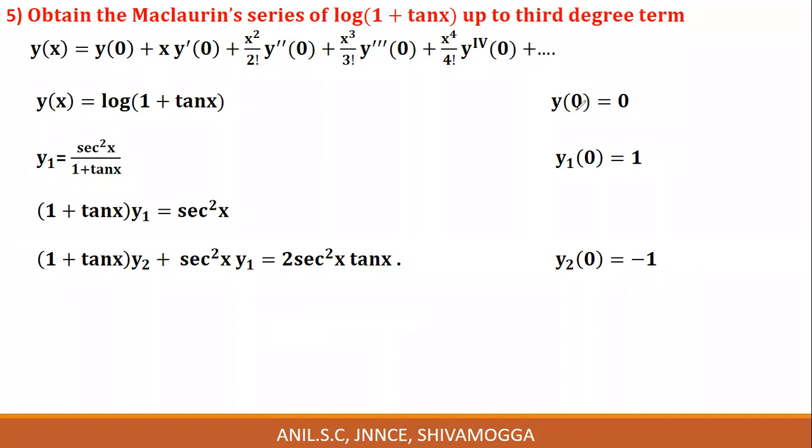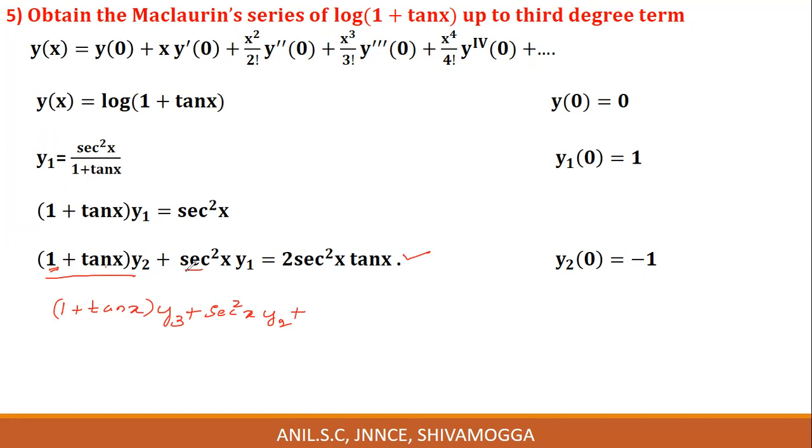Now we have to find the third derivative. To find the third derivative, we differentiate this expression again with respect to x. First, we differentiate this term. 1 plus tan x into the derivative of y2, which is y3, plus the derivative of 1 plus tan x. 1 is a constant, its derivative will be 0, and the derivative of tan x is secant square x, into y2 as it is, plus.